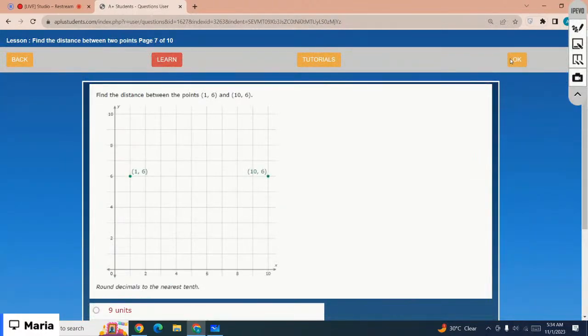Find the distance between the points (1, 6) and (10, 6). So which is the correct option? The distance between the points is 9 units, right? 10 minus 1 is 9. So the correct option is 9 units.